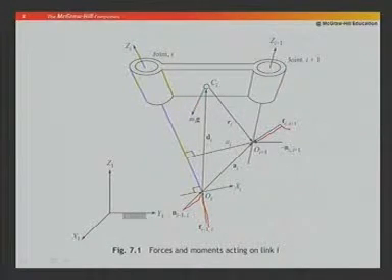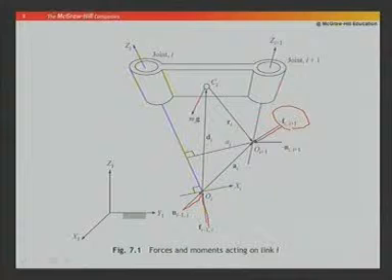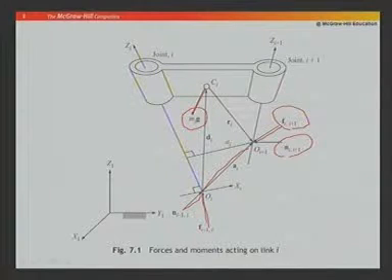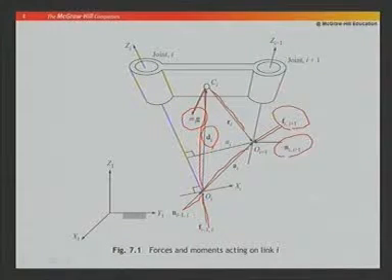The way I have written it here is minus f I comma I plus 1, that is Newton's third law, action reaction. Similarly the moment here. The gravity is causing a force mi g, which is this force direction. This vector is ai from origin I to origin I plus 1. Then this vector is divided into two vectors: one is di, from OI to Ci, and then Ci to the next one.